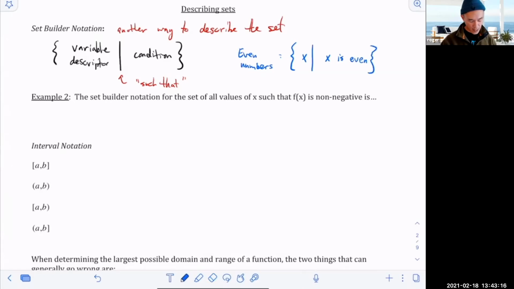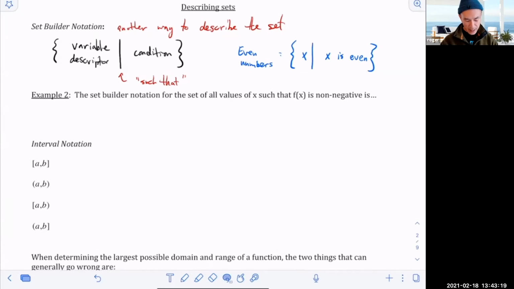Sometimes you'll see people do something a little bit more complicated. They'll describe the variable with a condition as well, like X is a real number.